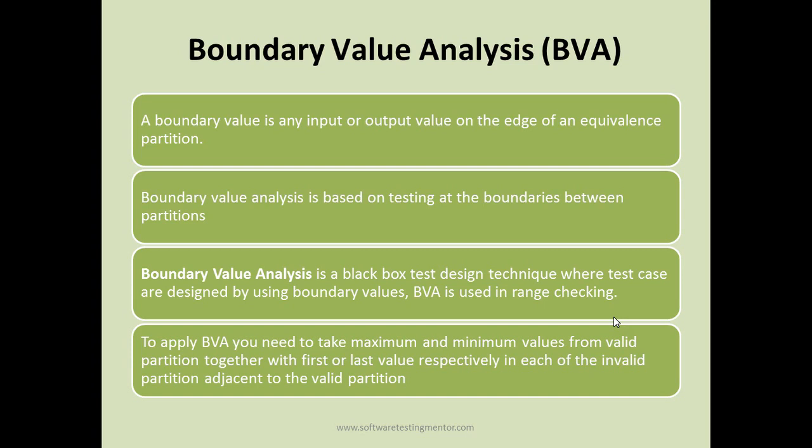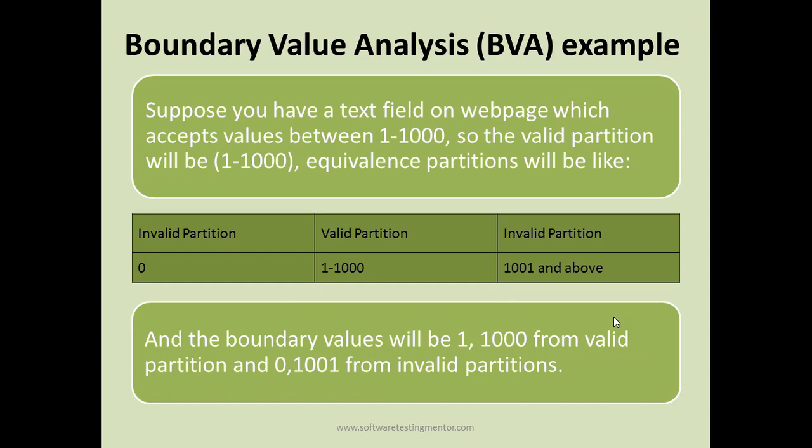Let's take an example to understand this better. Suppose you have a text field, as we discussed for 1 to 100, but in this example I have taken 1 to 1000. If a text field accepts values between 1 and 1000, the valid partition will be 1 to 1000, and the invalid partition will be anything less than 1.